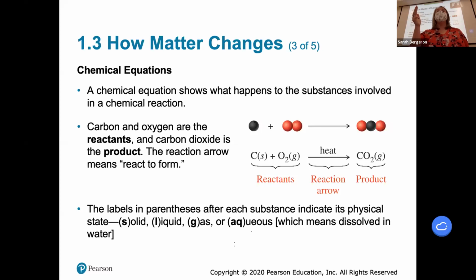No. I would have to heat NaCl up a lot to turn it into a liquid. But I didn't do that. All I did was dissolve it. So if you have salt inside of water, you would write NaCl in parentheses aq. And that's what aqueous means, that you've dissolved it in water.